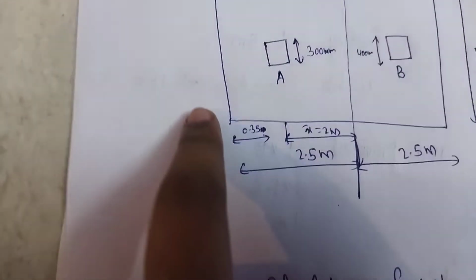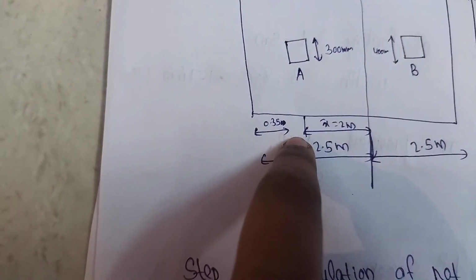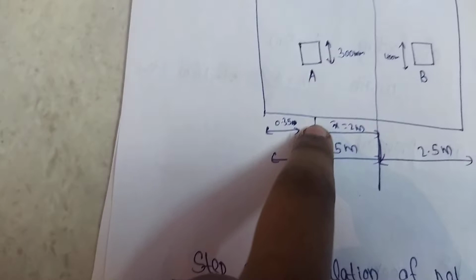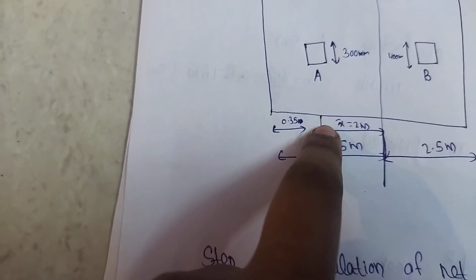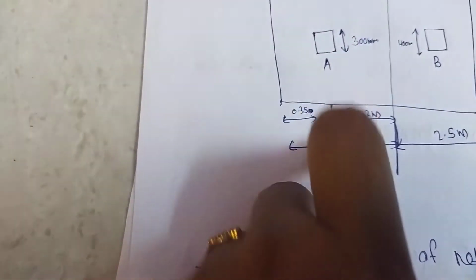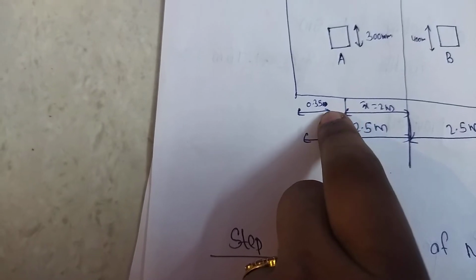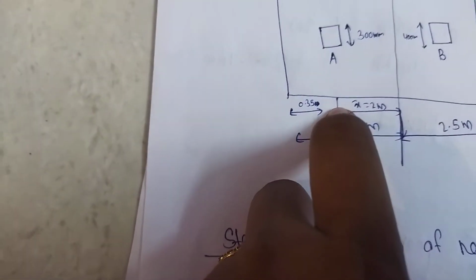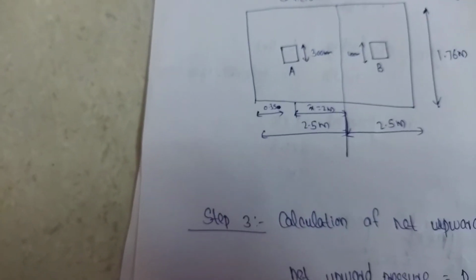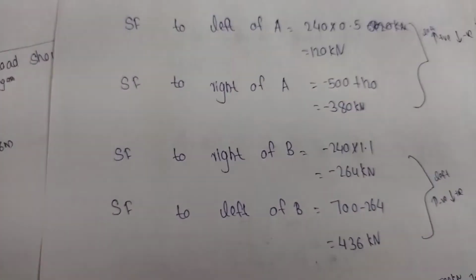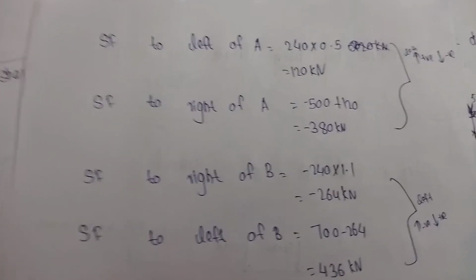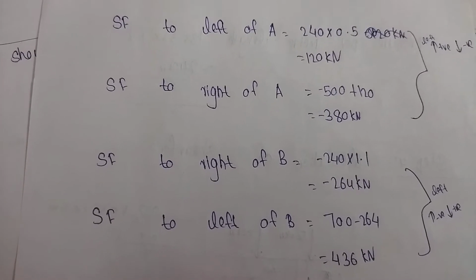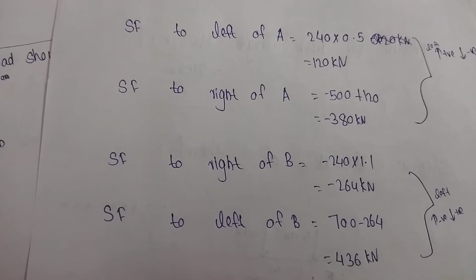We know that the edge distance is 0.35 meter and this is 0.15 meter, that is half of 300, the center of the column to this edge. Add this value, which gives 0.5 meter. So 240, that is the UDL value, into 0.5 meter gives the shear force to the left of A.